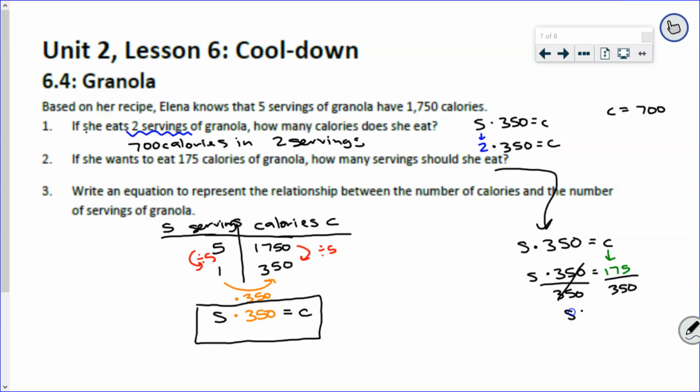And we get S is equal to, we'll wait till you guys get that typed into your calculators, 175 divided by 350, Dean? 1/2, exactly. So the number of servings is 1/2 of a serving. 1/2 a serving is 175 calories.